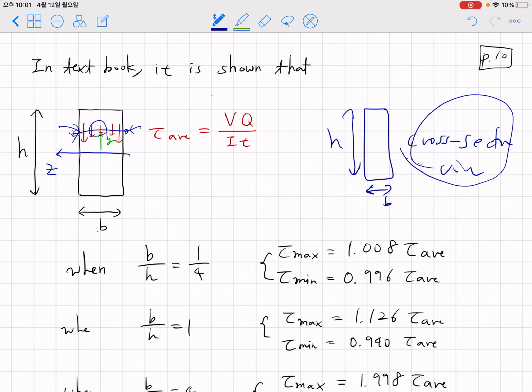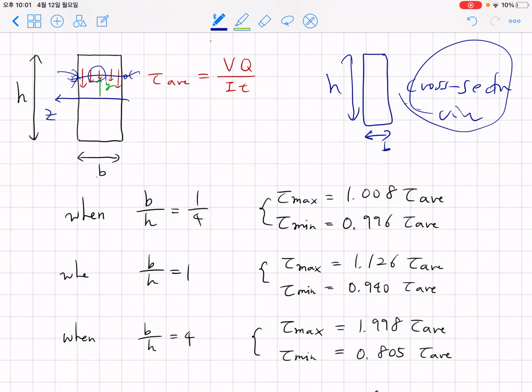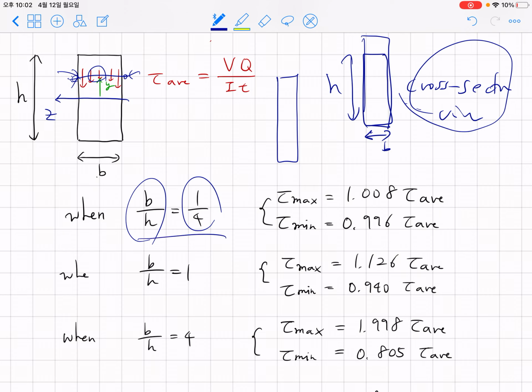When you have this tall cross section, where b is much smaller than h, such that it becomes almost a 1-to-4 ratio, 1-to-4 is about this much tall, then for this ratio, we can expect tau max and tau min to have less than 1% mismatch compared to the average tau. This average tau is the tau we obtained from this expression.